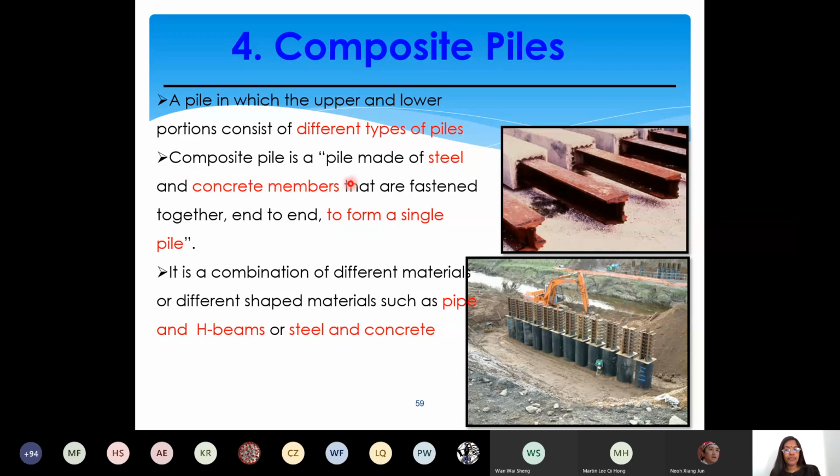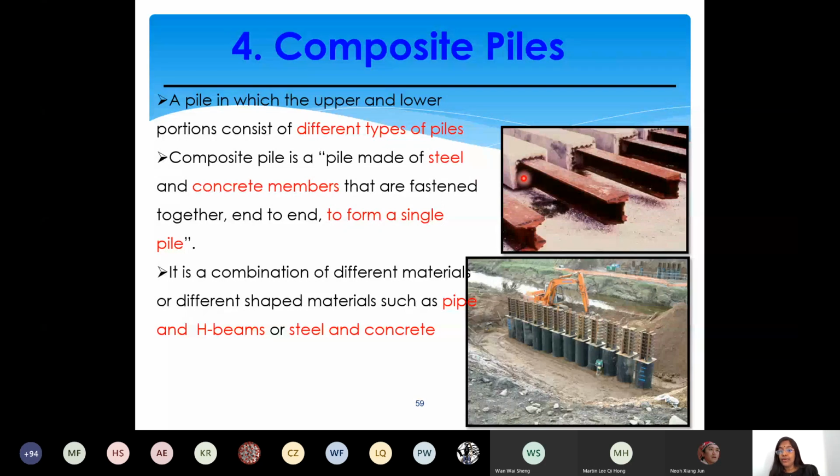A composite pile is a pile made of steel and concrete members that are fastened together end to end to form a single pile. You see here, this is the concrete shell or a box, right? A concrete box is prepared and an I section is inserted into the pile as a reinforcement.